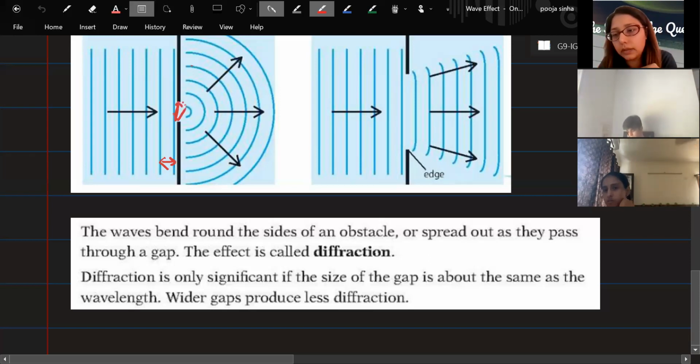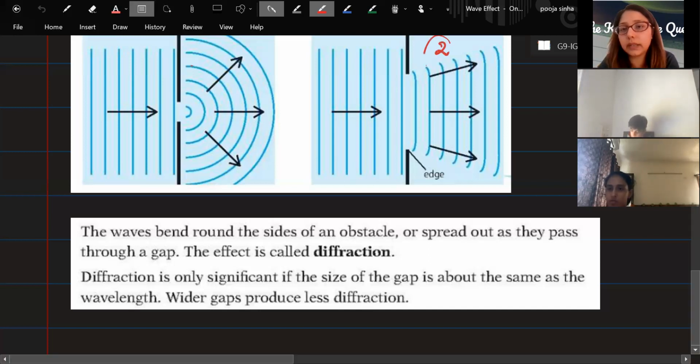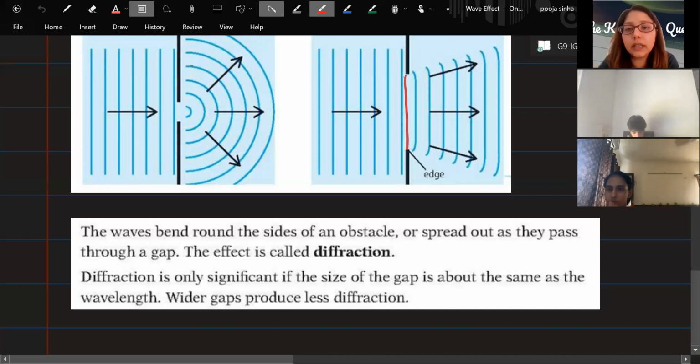So there was a lot of diffraction. I want to achieve the same kind of diffraction here also in the second case. What all things can I do? Somehow I need to make this gap and the wavelength equal.